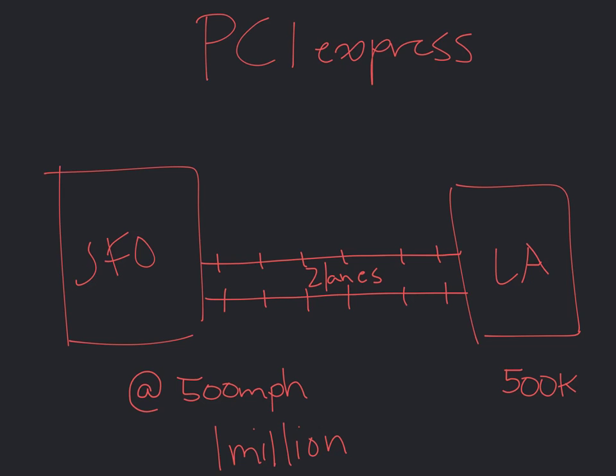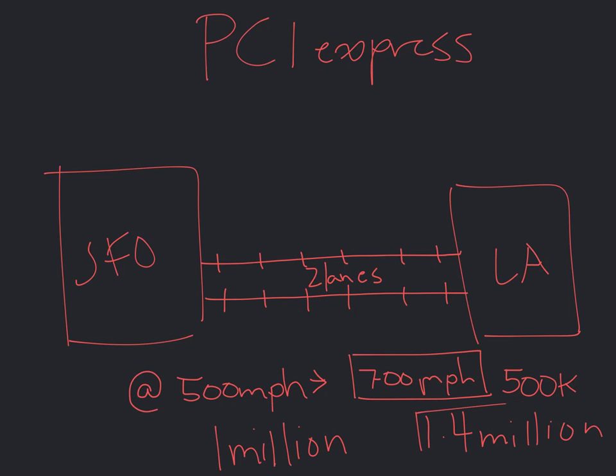But what we can do is also increase the speed limit. Let's say we have 700 miles per hour, and we have 2 lanes. Now we can send 1.4 million people, which is way over the limit.